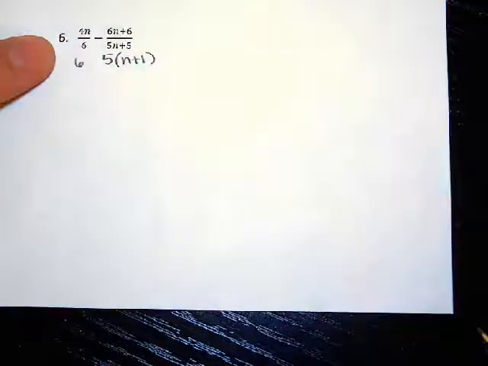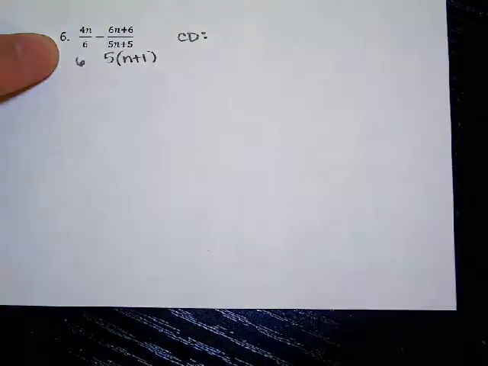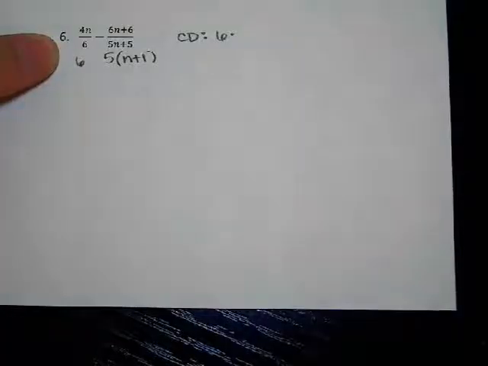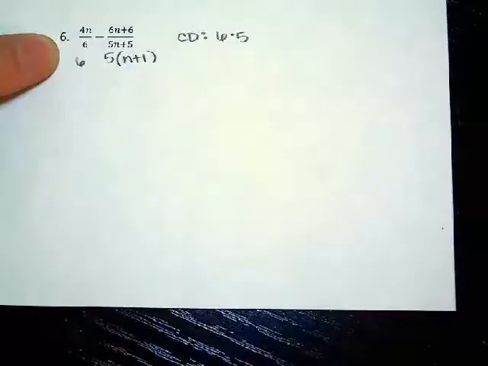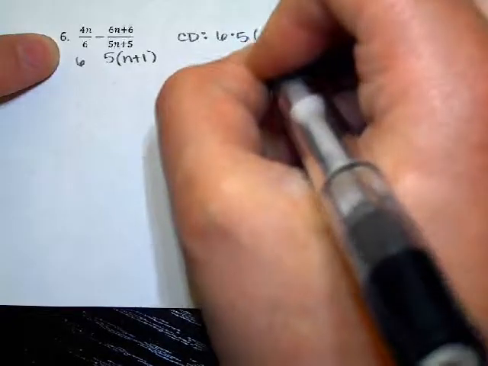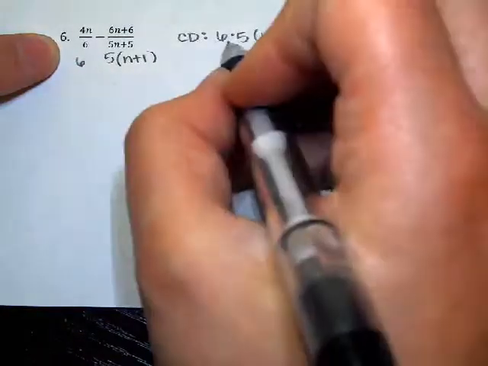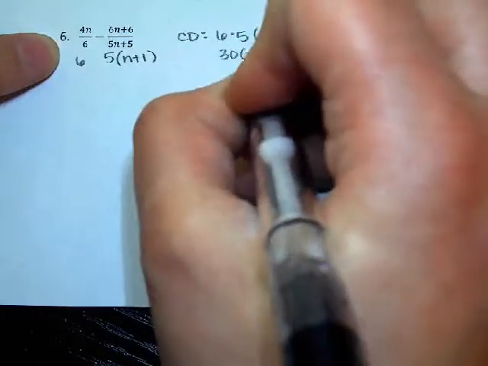So if you look at your common denominator, what does your common denominator need to have? A 6 and a 5 and an n plus 1. Okay? So your common denominator is going to be 6 times 5, which is 30. So it's going to be 30 times n plus 1. That's what your common denominator is going to be.